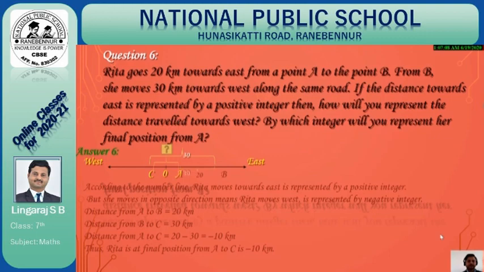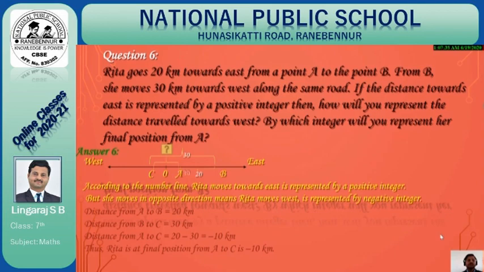We have to find out the distance between A and C. So according to the number line, Rita moves towards east, represented by a positive integer, but she moves in the opposite direction, meaning Rita moves west, which is represented by a negative integer.